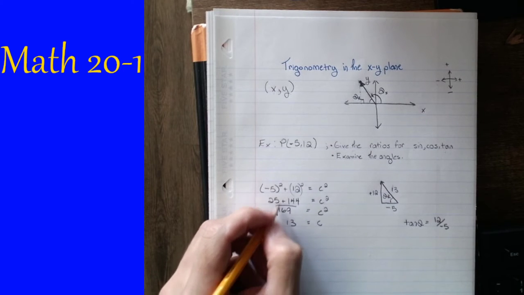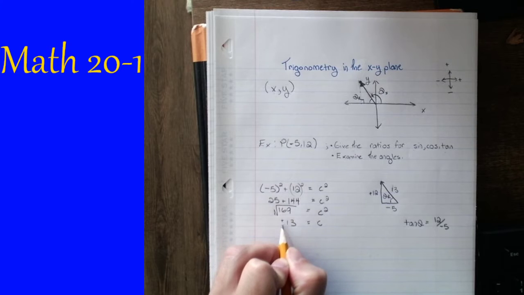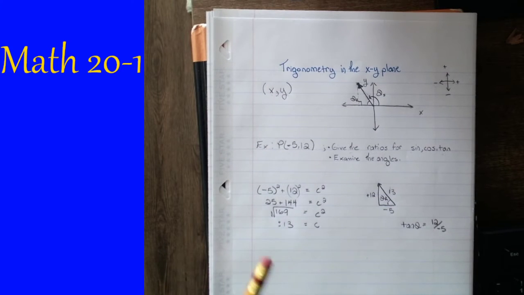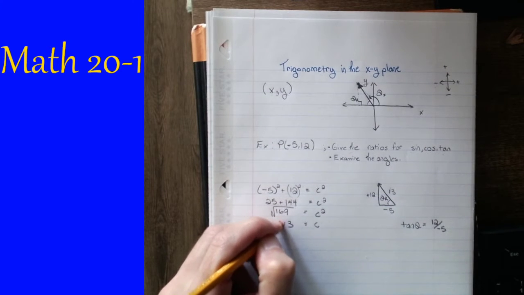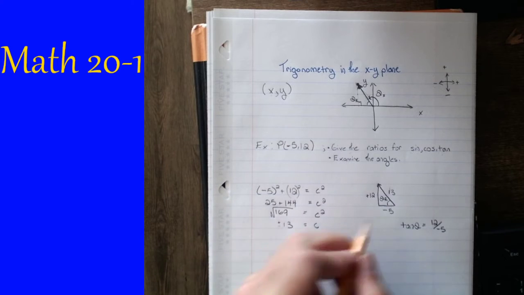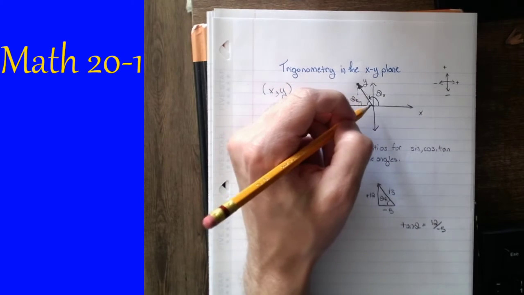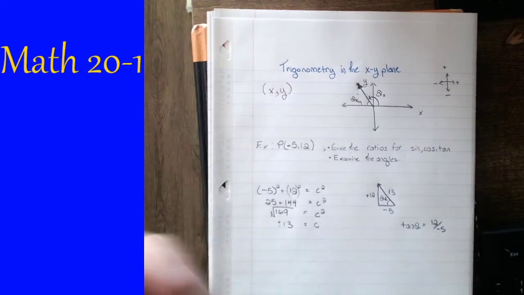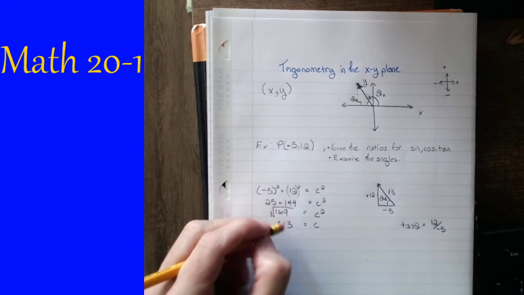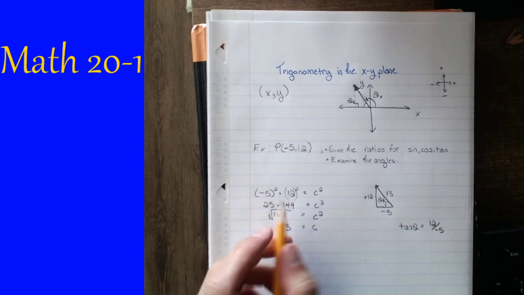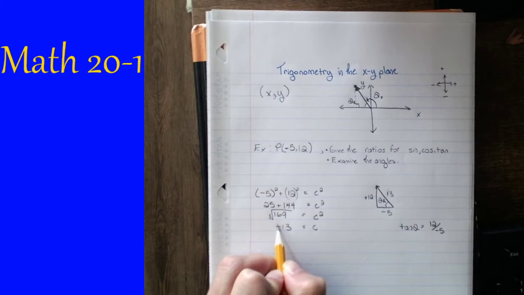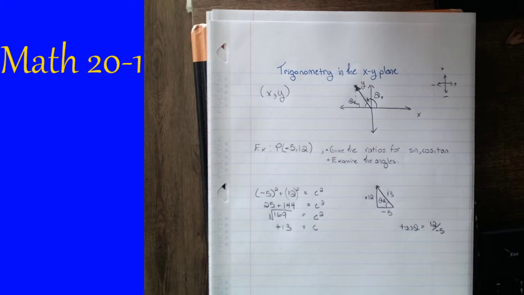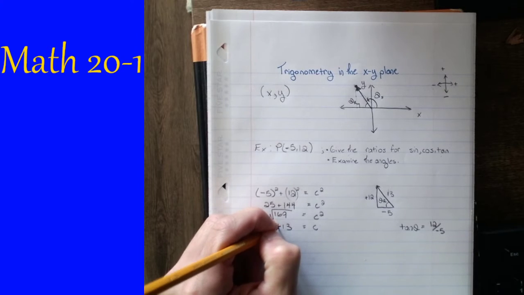Also note that the square root of 169 is plus or minus 13, but we don't include the negative, especially for the hypotenuse, because it is meaningless to say that the hypotenuse has a negative length. It will always have a positive length, so we can immediately scratch the negative answer out of our solution.